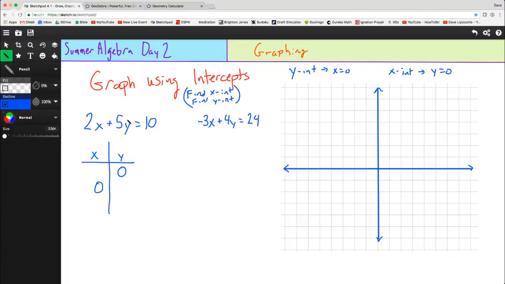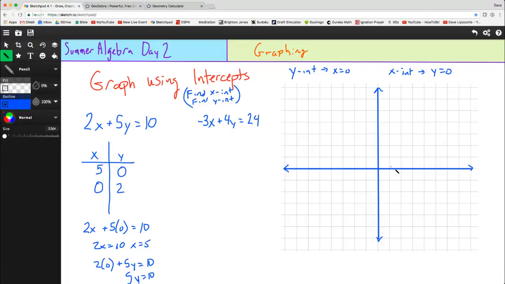If y is 0, I say 2x plus 5 times 0 equals 10, because I plug 0 in for y. So I get 2x equals 10, so x equals 5. And likewise, when x is 0, 2 times 0 plus 5y equals 10. In this case, I get 5y equals 10, so y is 2.